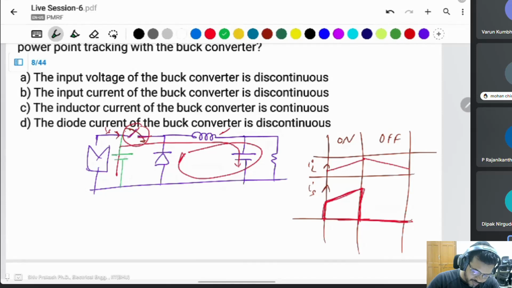Then the ripple of the input current will be absorbed by the capacitor, so this current will be continuous. Charge flows from here to here like that. This will protect the solar PV.